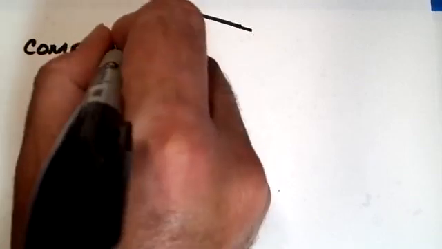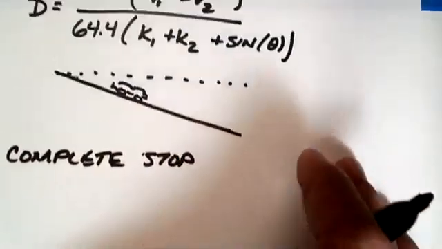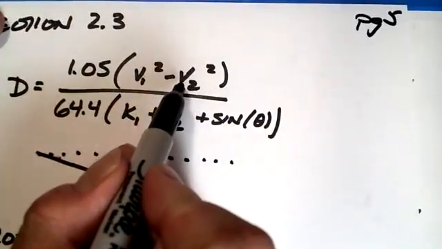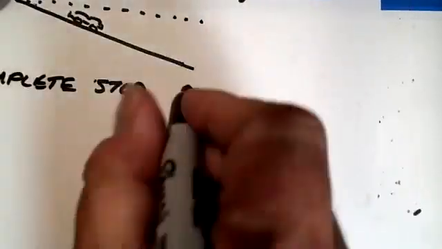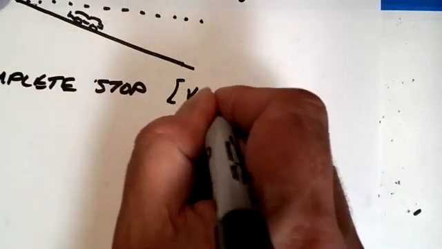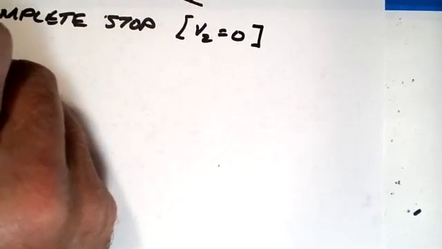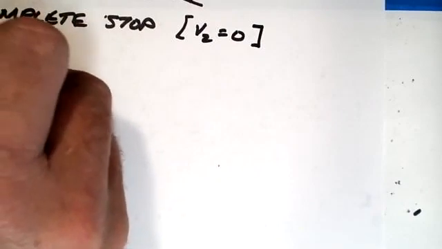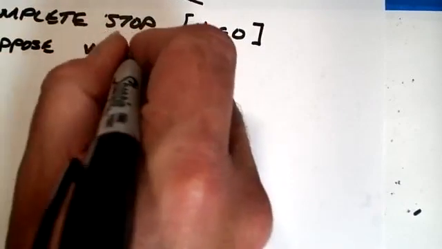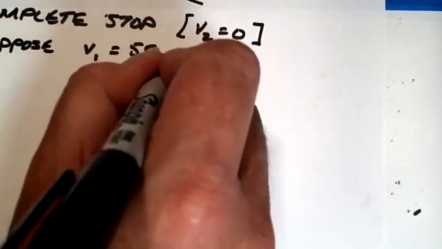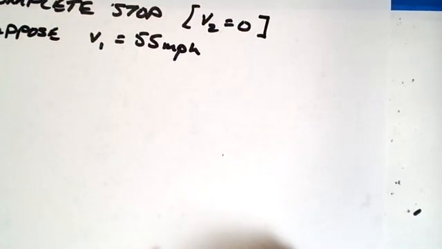So if a car comes to a complete stop, what does that tell you? Well, remember, this is the final speed in miles per hour, so that's just V2 equals 0. Suppose the initial speed is 55 miles per hour, so you're trying to come to a complete stop from going 55 miles an hour.